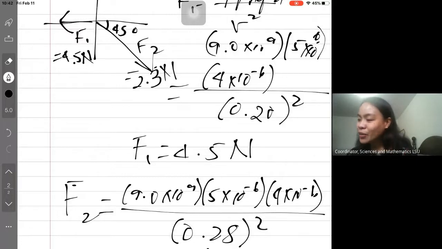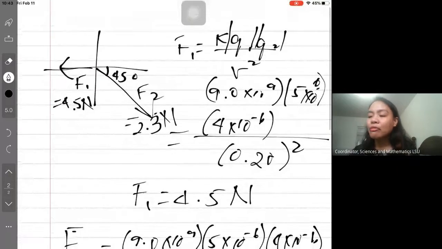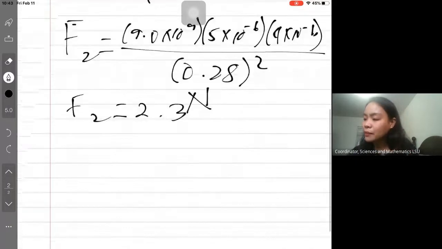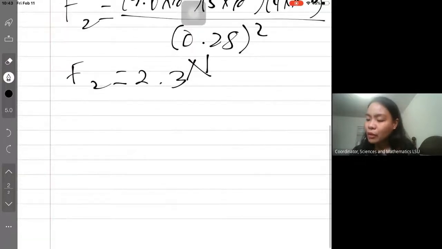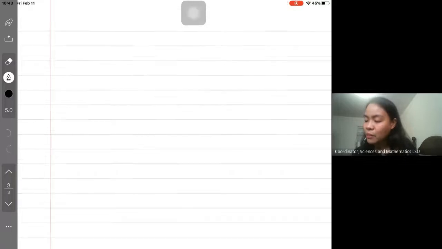Here, F1 is directly along the x-axis, while F2 is at an angle. So for the component method, let's go to another page and draw again.